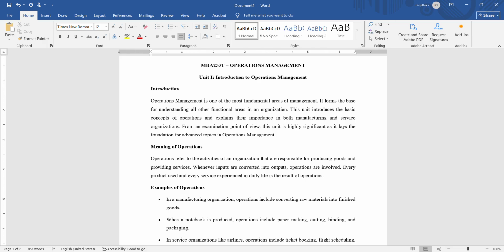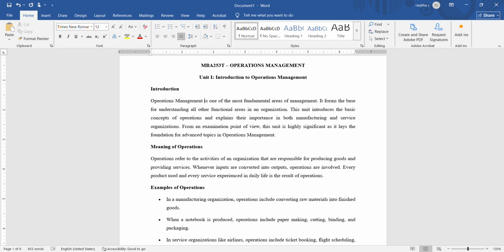Operations are the activities of an organization that are responsible for producing goods and providing services. Whenever an organization converts inputs into outputs, operations are involved. Every product that we use and every service that we experience in our daily life is the result of operations.